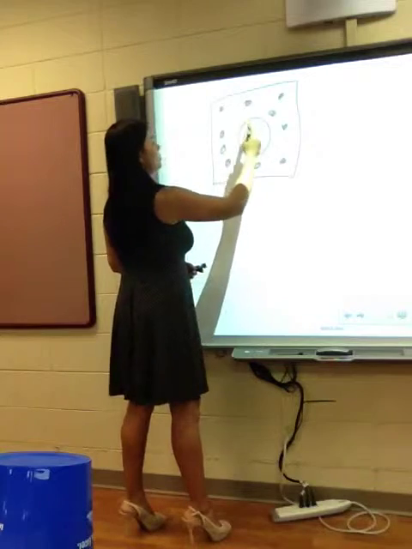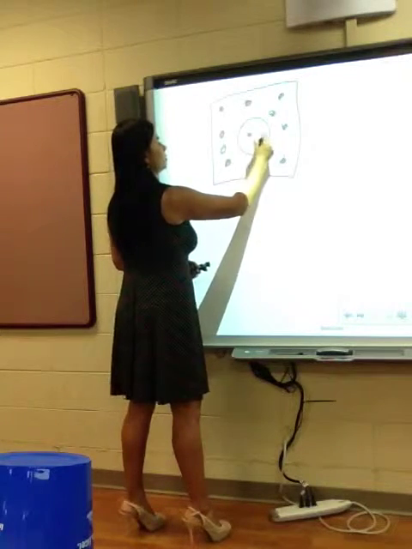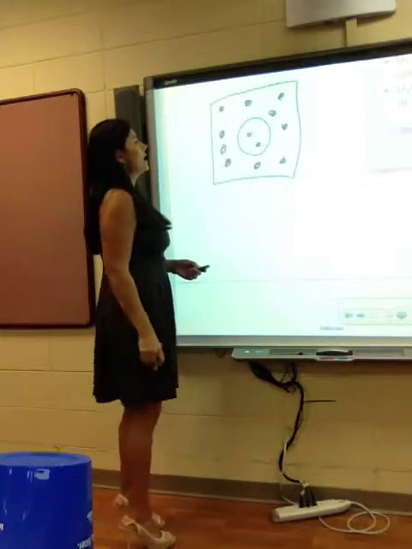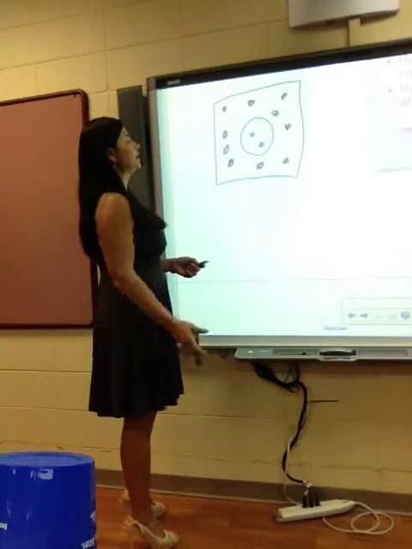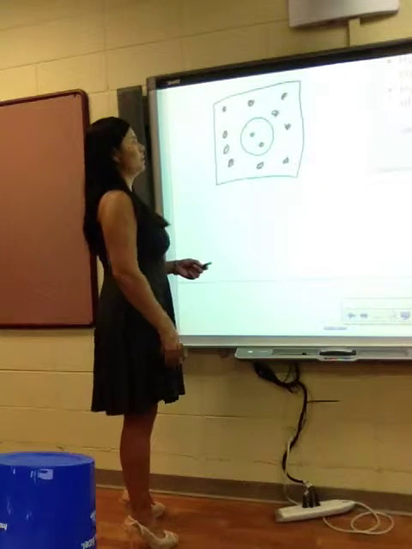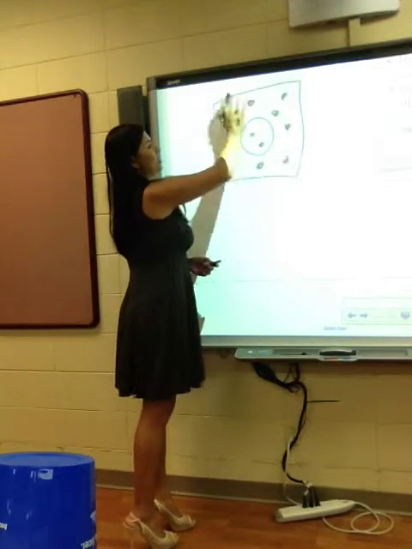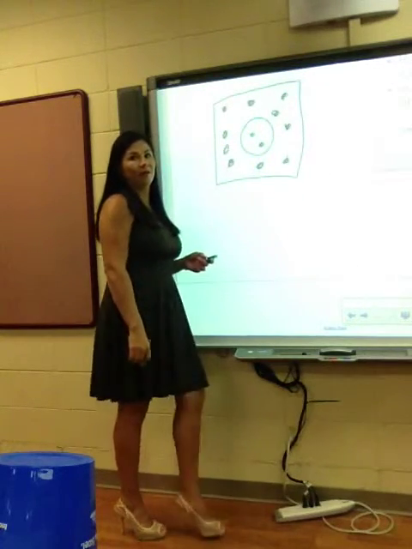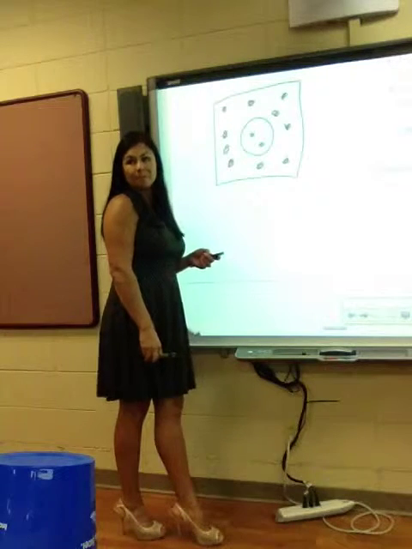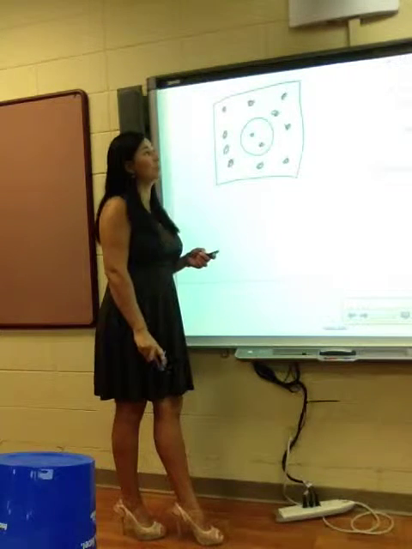So, which way do you think fluid will move? Inside the cell or out of the cell? Because how much water do I have out here compared to in there? Yeah. It'll move out of the cell.